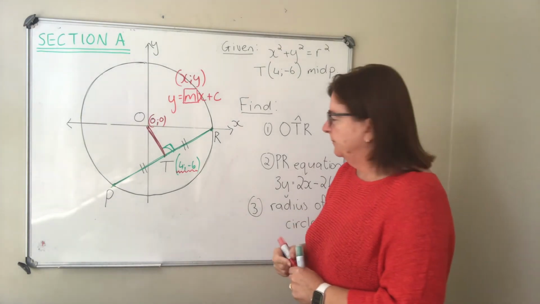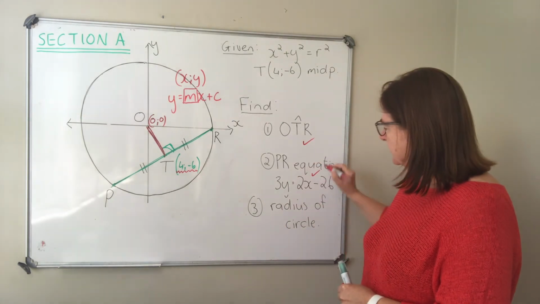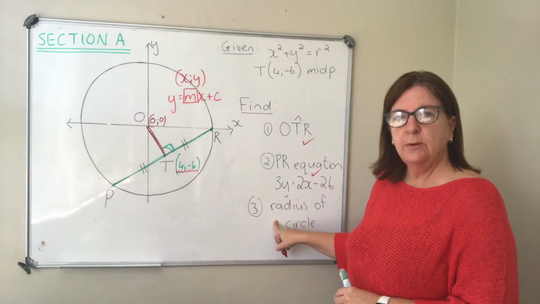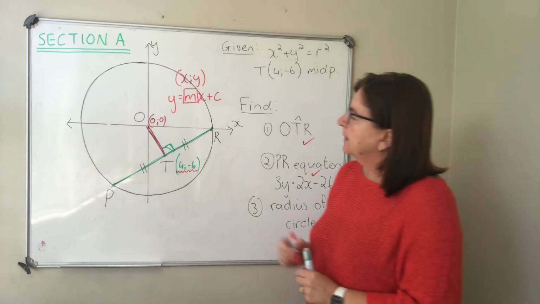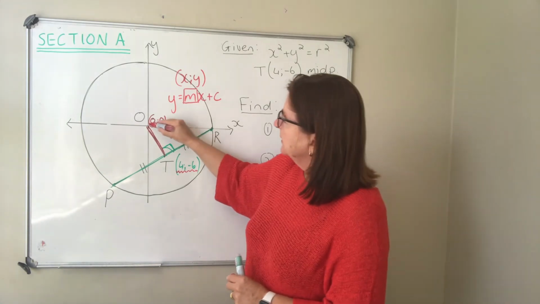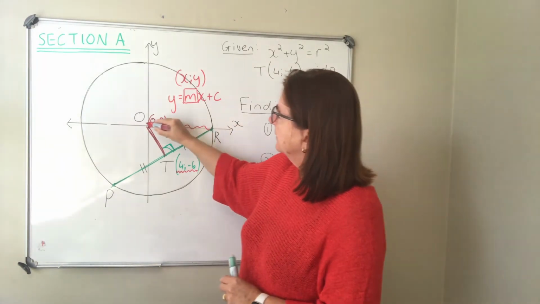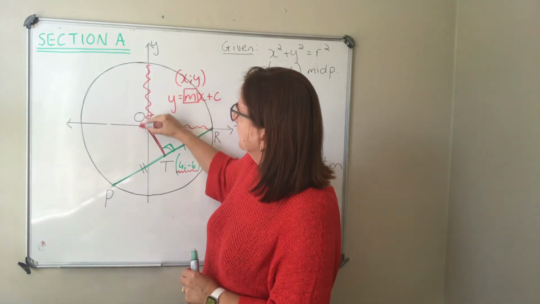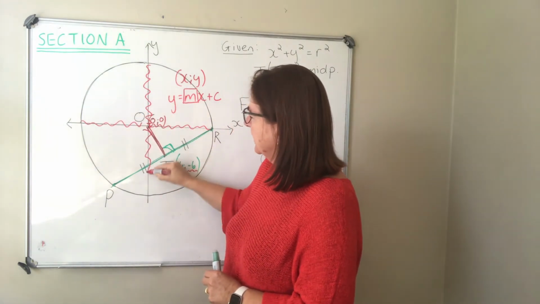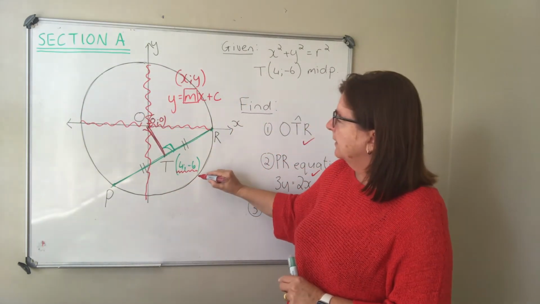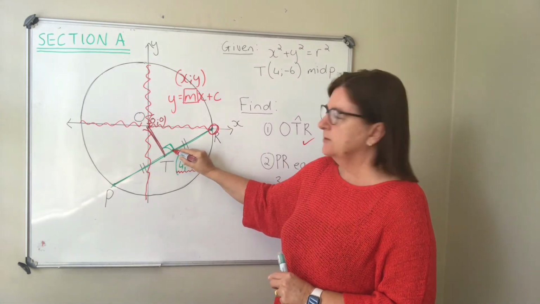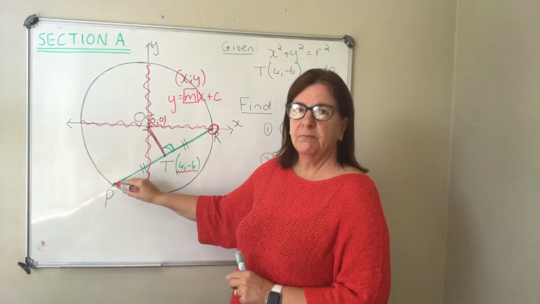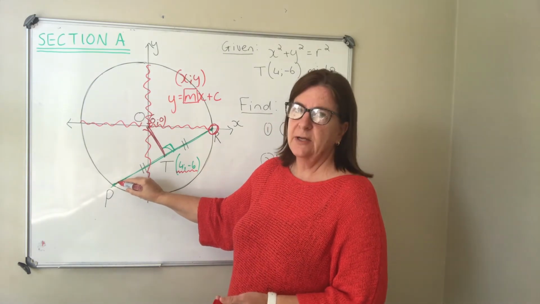That's number 2 done. So we've done 1 and we've done 2. Now let's look at 3. The third thing we need to do is find the radius of the circle. Now the radius of the circle would be here, here, here. So we need any one of those lengths. And the obvious one here would be R, because T is not helpful. It doesn't lie on the circle. P is helpful, but we don't actually have that point yet.